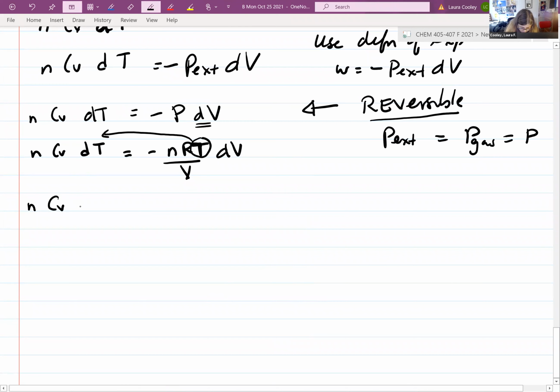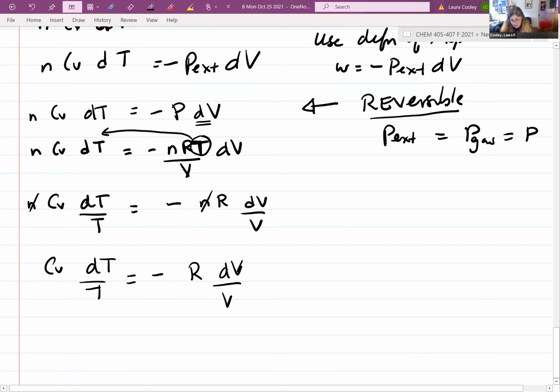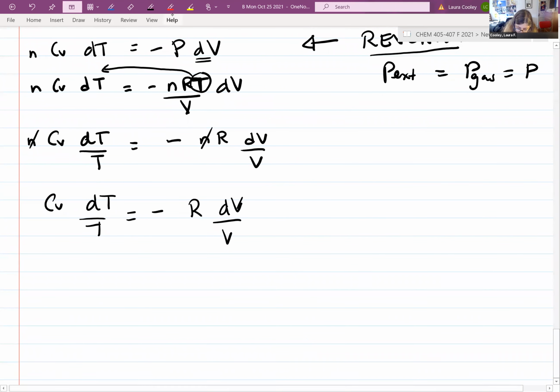So I have to kind of group variables, nCv dT over T, right? I have to divide both sides by T. So this is what I have. And then I'm going to cancel the n's because they're annoying me. And then I check to see if I have the same thing that I have in my notes, which I do. And now I'm going to integrate.